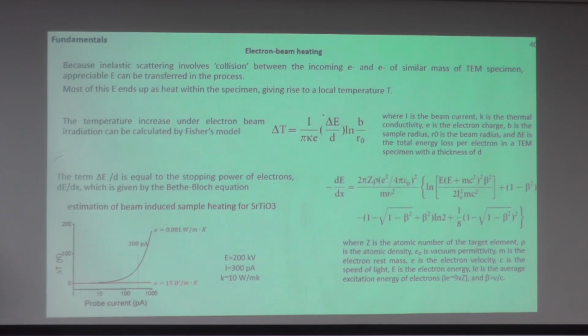This is not so high an increase for this specific material, but for other substances like GST, this value can be different because of kappa. The thermal conductivity can also be different.